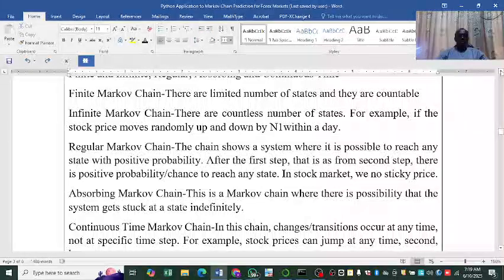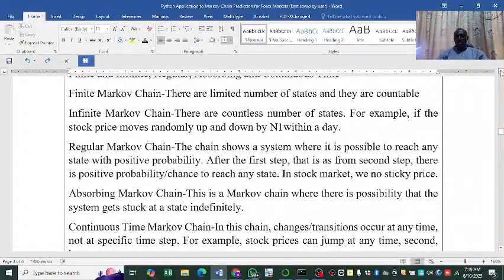The regular Markov chain shows a system where it is possible to reach any state with positive probability. After the first step, that is, as from second step, there is positive probability or chances to reach any state.